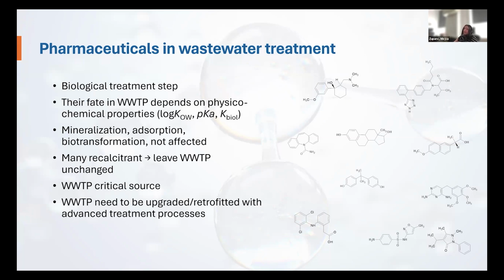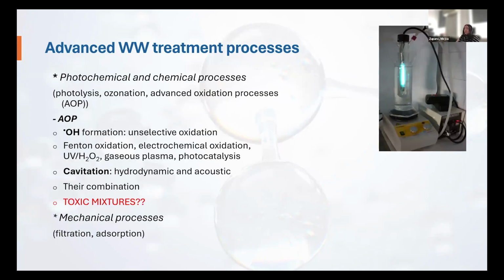The investigation of these processes is now more urgent than ever if the quaternary treatment will play a role in the future. So the most investigated advanced or alternative wastewater treatment techniques include photochemical and chemical processes and mechanical processes.